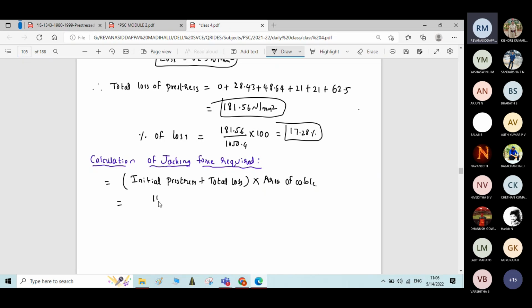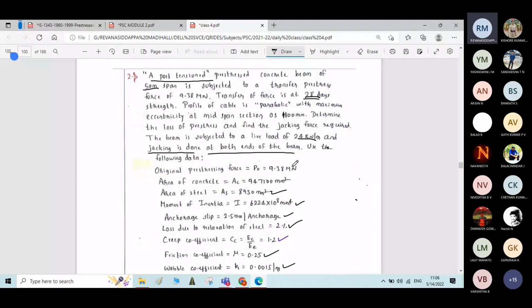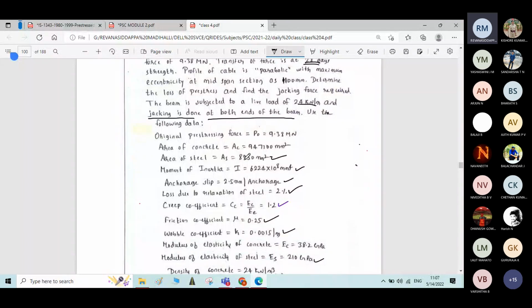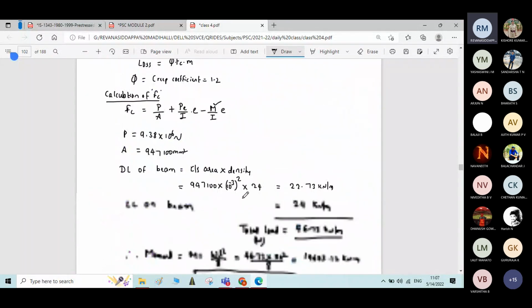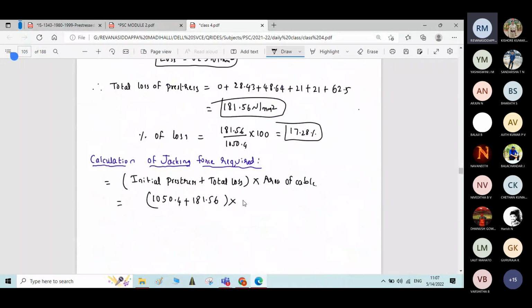Initial pre-stress is 1050.4 plus total loss 181.56, into area of cable. It is given in the problem: area of cable is 8930 mm square. Calculate it and check the answer.